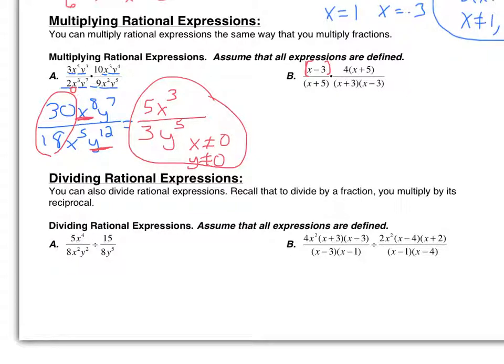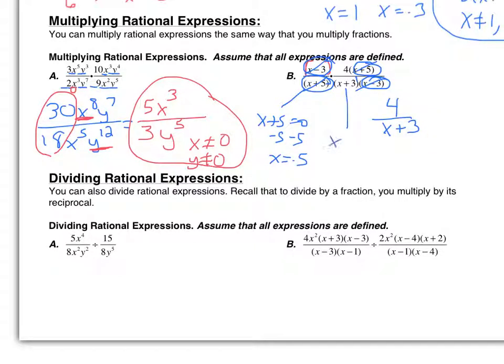Now we can go ahead and cancel out things that are exactly the same. So x minus 3 cancels with x minus 3. X plus 5 cancels with x plus 5. And I'm left with 4 over x plus 3. And then I have to find out what the undefines are. So x plus 5 equals 0, so I subtract 5.